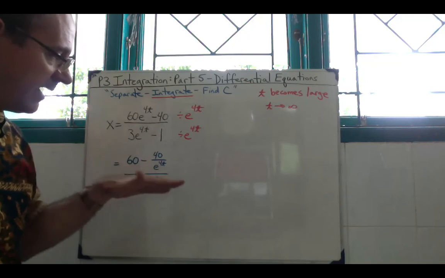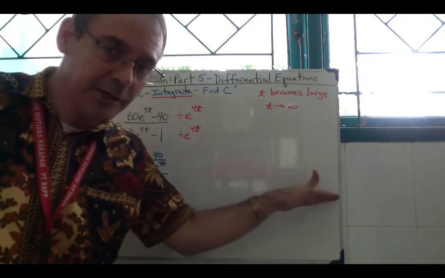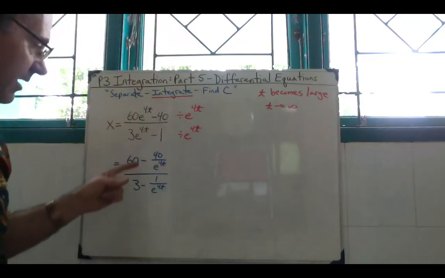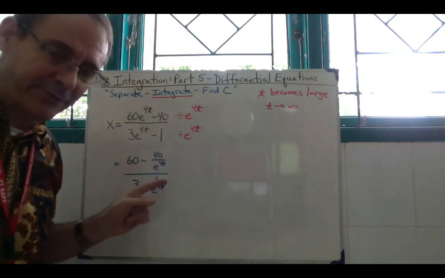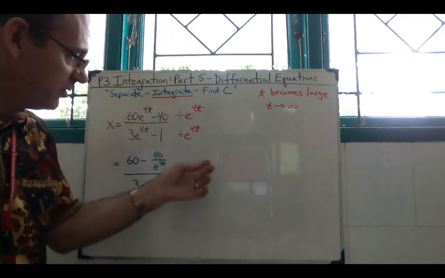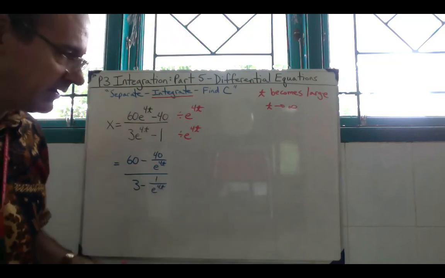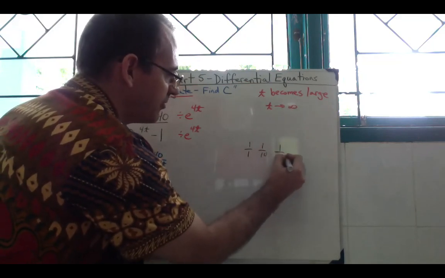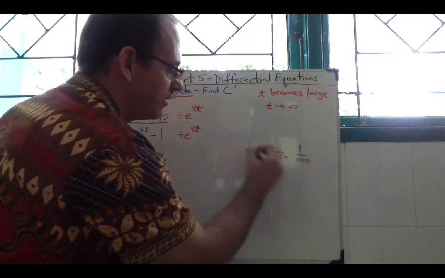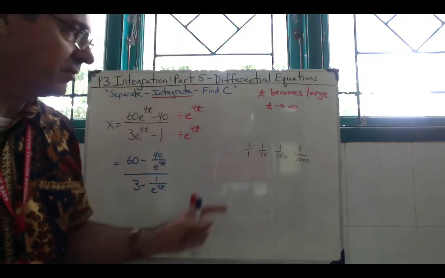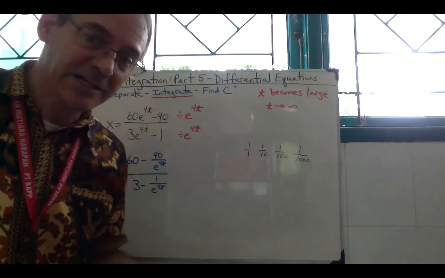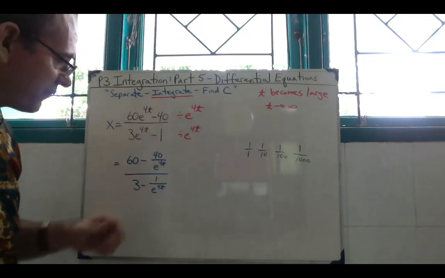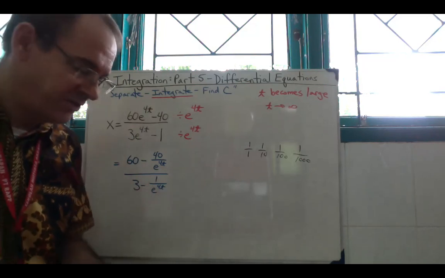And if your denominator is getting large, continuing on forever, it drives the value of that fraction to 0. You can play with some numbers: 1 over 1, 1 over 10, 1 over 100, 1 over 1,000. The bigger the denominator gets, the closer to 0 the fraction becomes. So as t approaches infinity, these fractions approach 0.